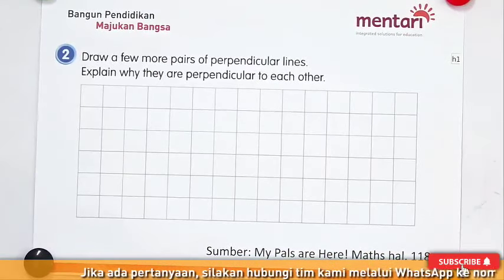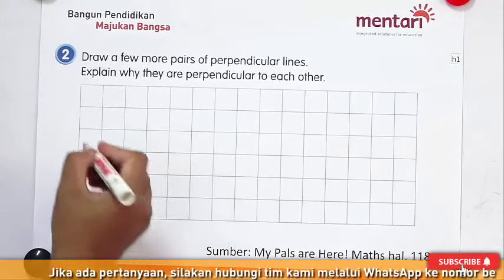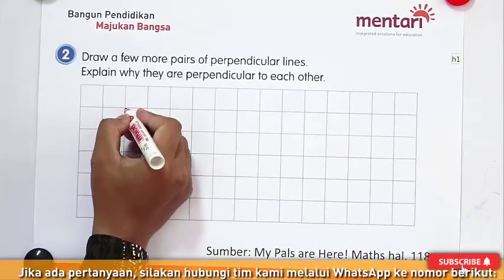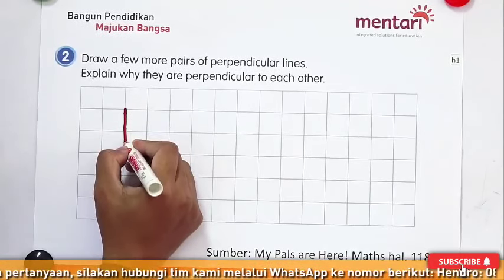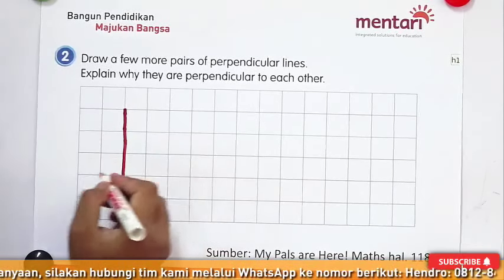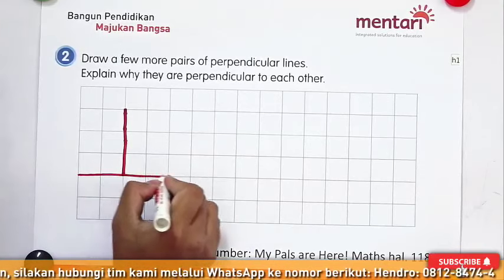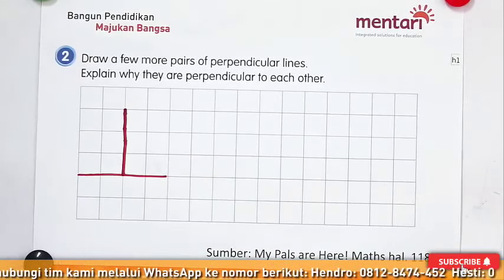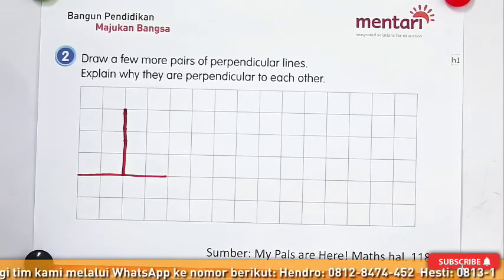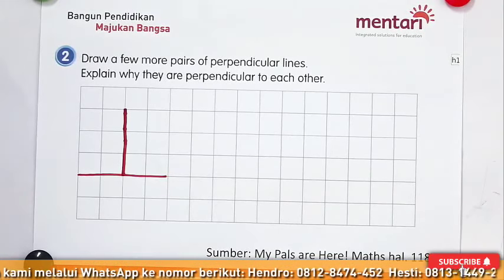Maybe I can do it for you. The easiest way is we just follow the lines on the square paper. This is perpendicular. And anything else that we want to draw as perpendicular lines.